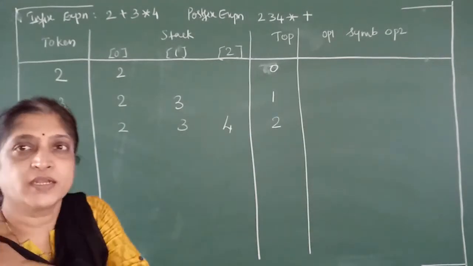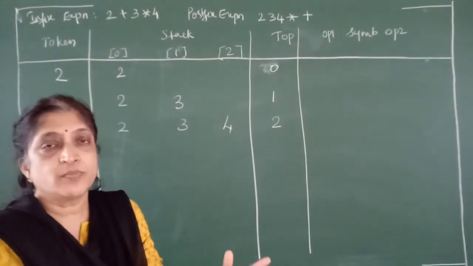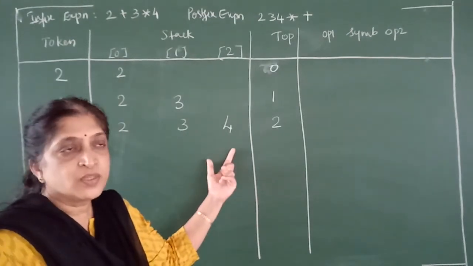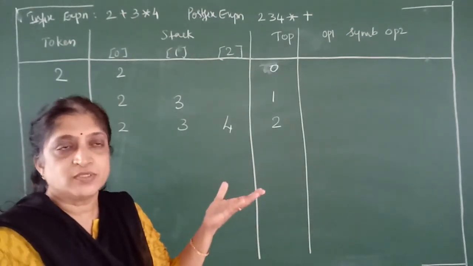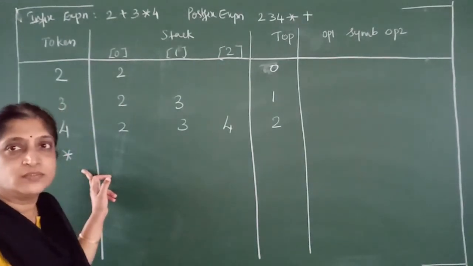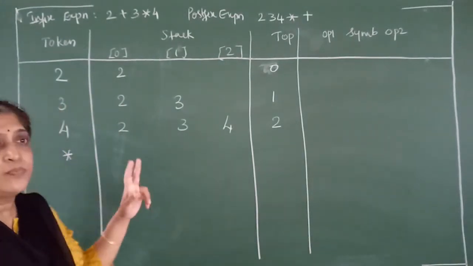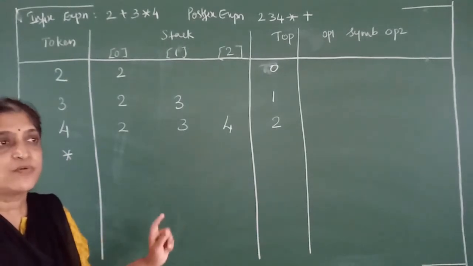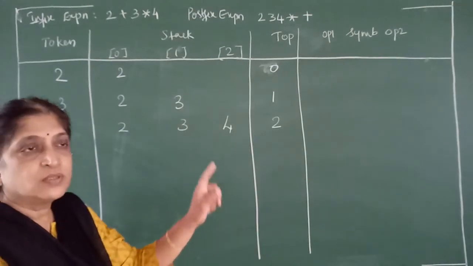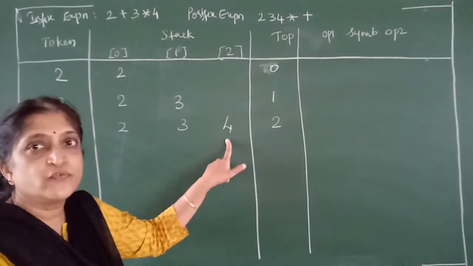Star is an operator. We have to perform the operation with these operands. Now how do we pop the elements? Now that we have star as a token, we have to pop two operands from stack and perform the operation. Remember, when we pop, the first element to be popped is 4.